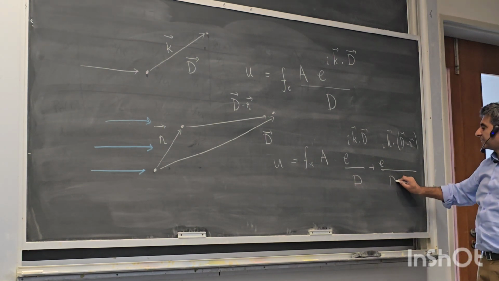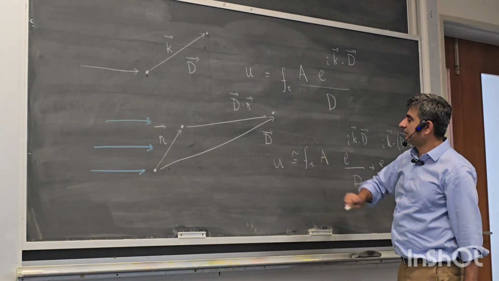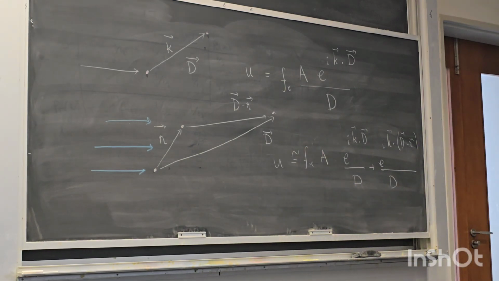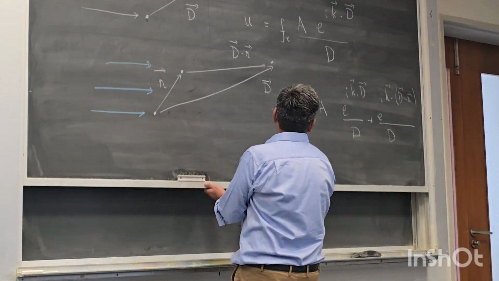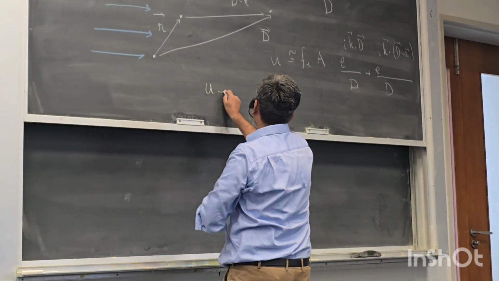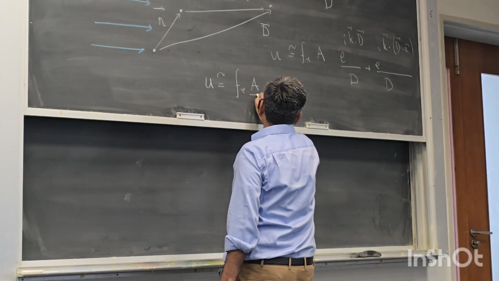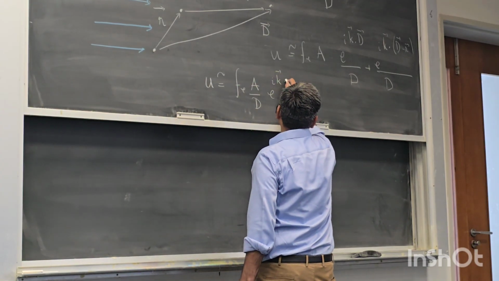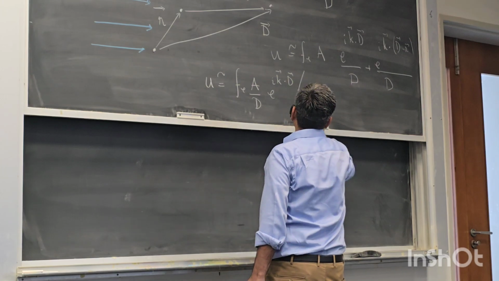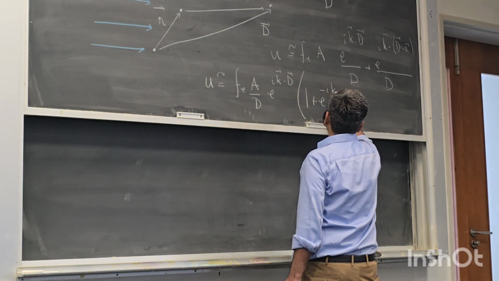Now d minus r is roughly the same as d. So overall you will get, from two electrons, Fe A over d. I take e^{iKd} as common, times (1 + e^{-iK·R}).